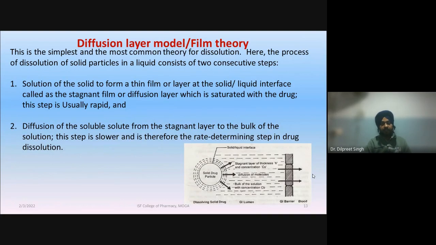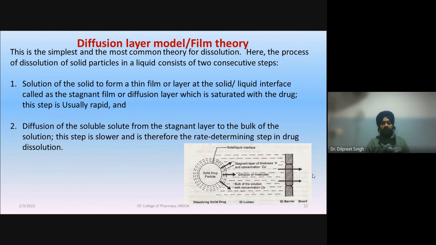The diffusion layer model, or film model, is one of the simplest and commonest theories of dissolution. Here, dissolution of the solid particle commences in two steps. The first step is the conversion of the solid state to solution form at the solid-liquid interface, called the stagnant film. The second is the diffusion from that stagnant film to the bulk of the solution, which is the rate limiting step in drug dissolution.